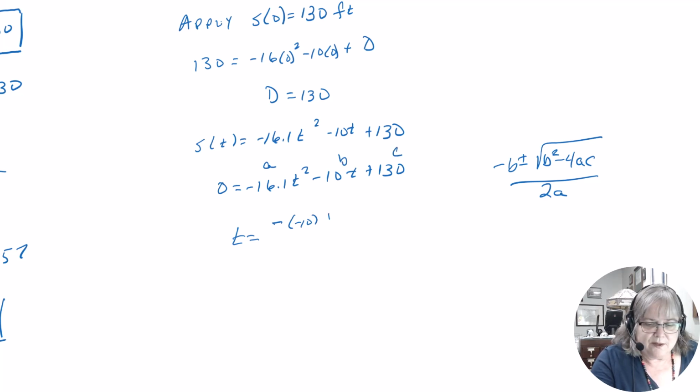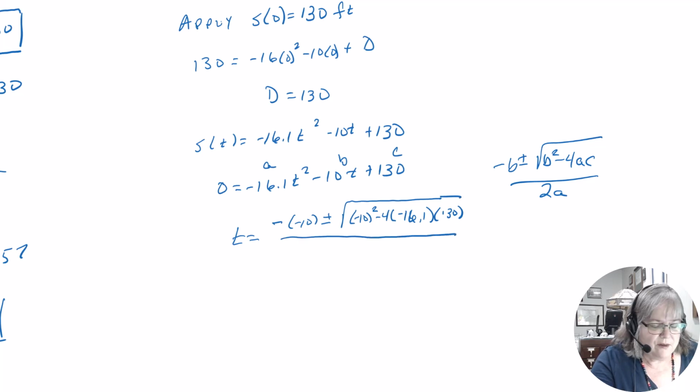So plus or minus the square root of b squared minus 4 times a times c. All of it over 2 times a.